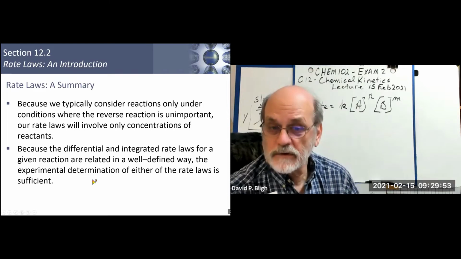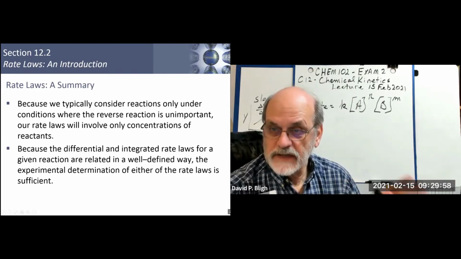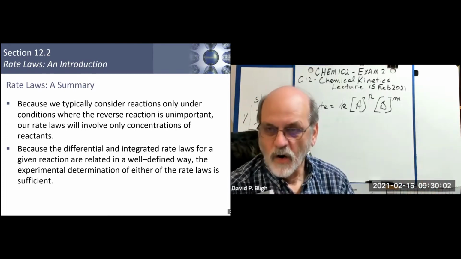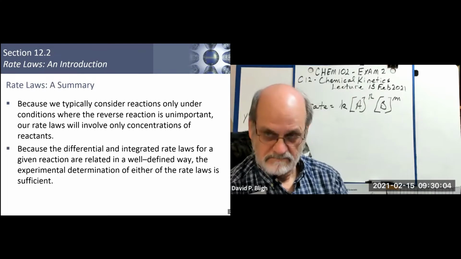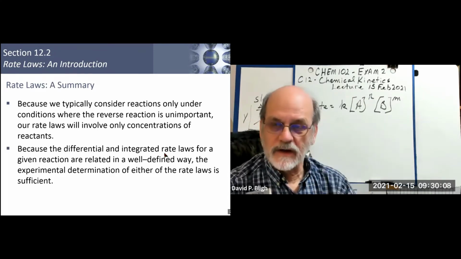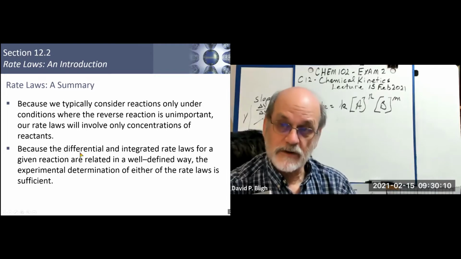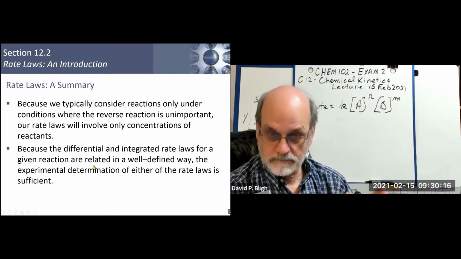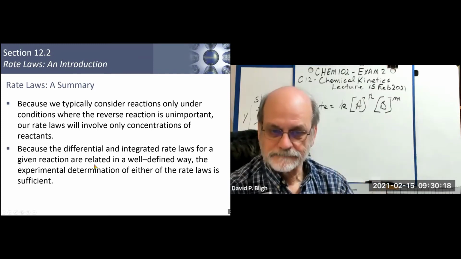If you can determine the differential rate law, that's all you need to do, because the integrated rate law can be derived from it. Or it may be easier to determine the integrated rate law, and then you can derive the differential rate law from that. And that's very often the case. And I'm going to show you that in just a second.